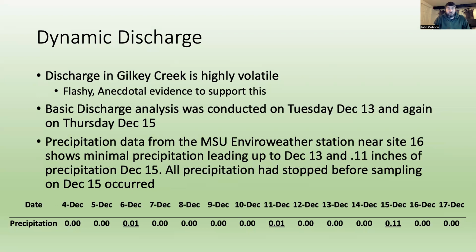And so Gilkey Creek, for those of us in the community that have seen Gilkey Creek, we know that Gilkey Creek is considered flashy, meaning that when we get a rain event, Gilkey Creek is very responsive in terms of how much water is in the creek compared to how much rain we've gotten lately.